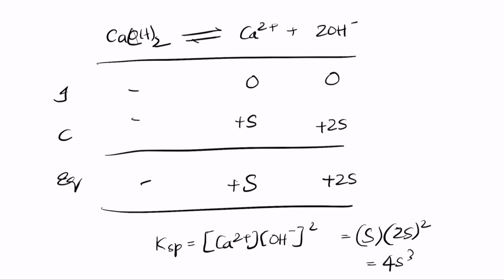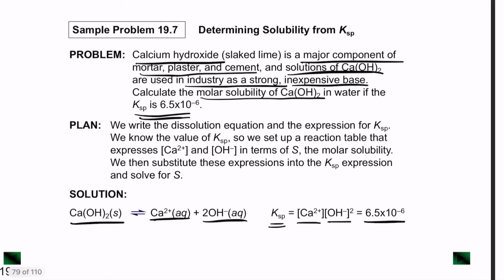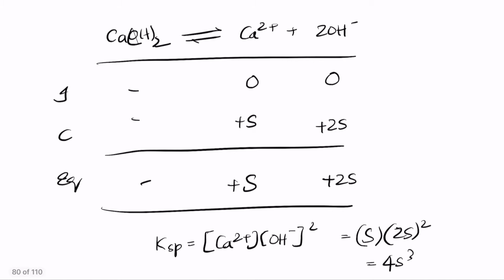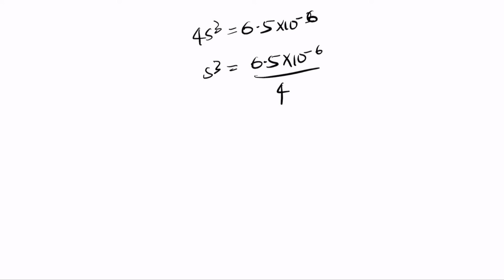The Ksp value given here is 6.5 times 10 to the power negative 6. So 4S cubed becomes 6.5 times 10 to the power negative 6. So S cubed becomes 6.5 times 10 to the power negative 6 divided by 4.